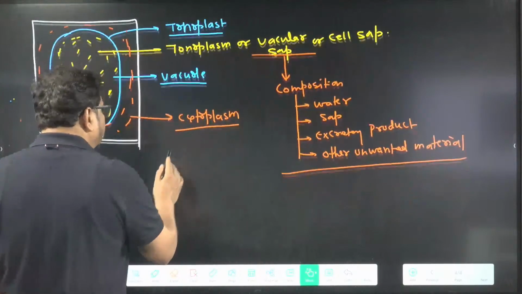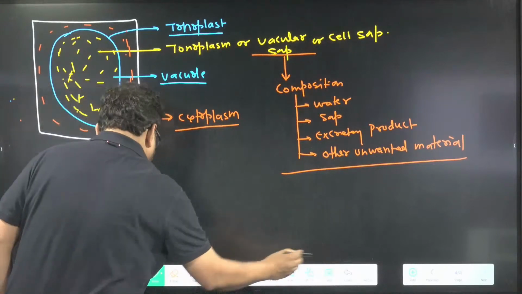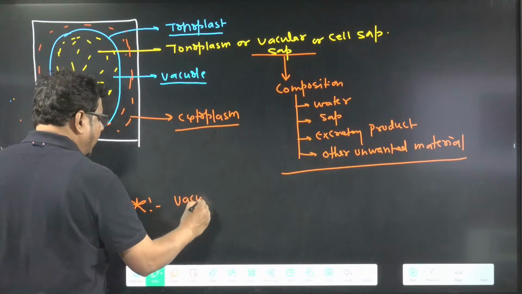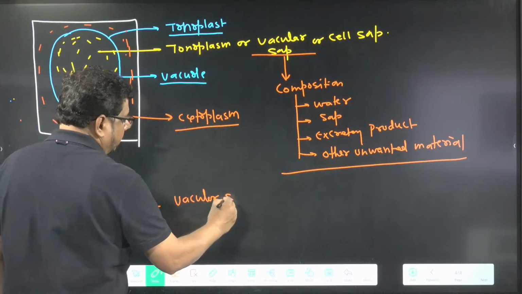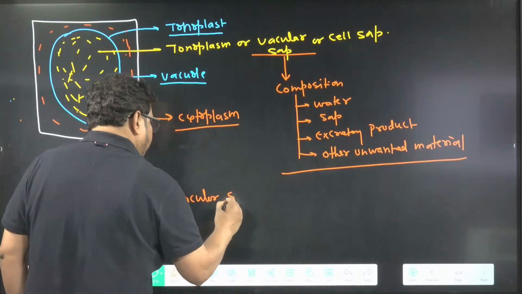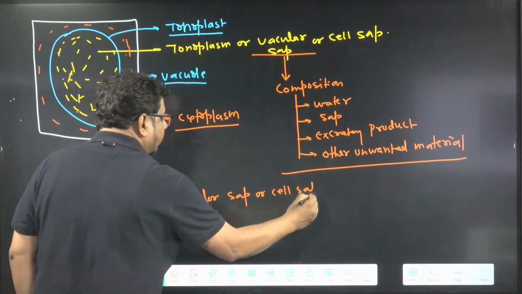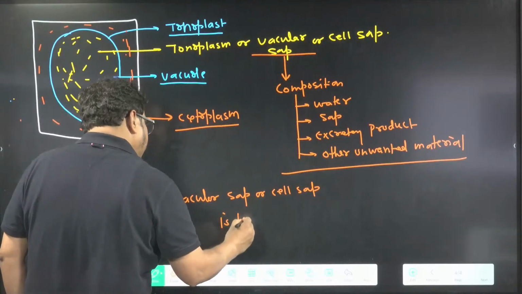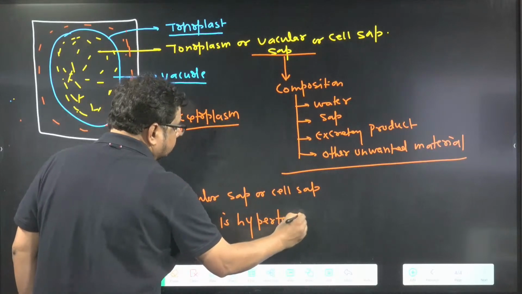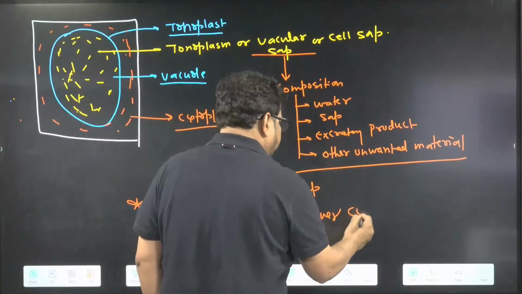Now, one more thing you should keep in mind about vacuole, that is very important: vacuolar sap or cell sap is hypertonic over cytoplasm.